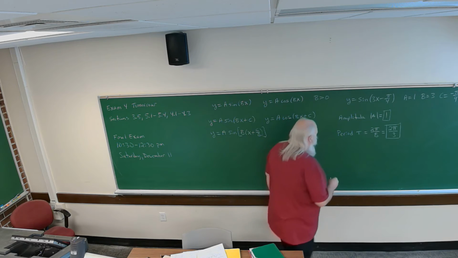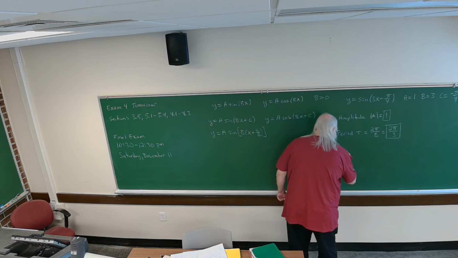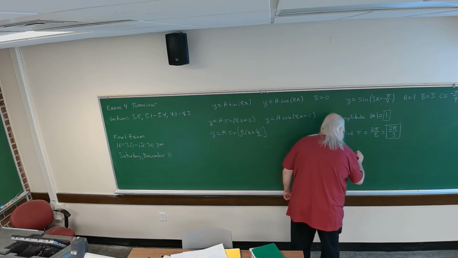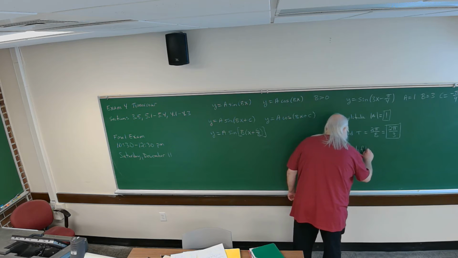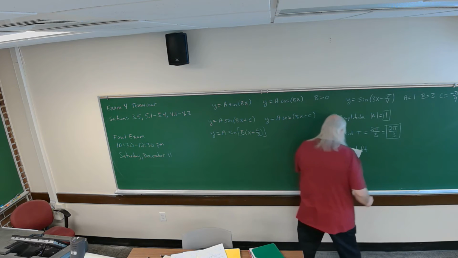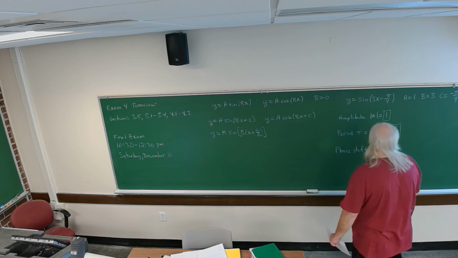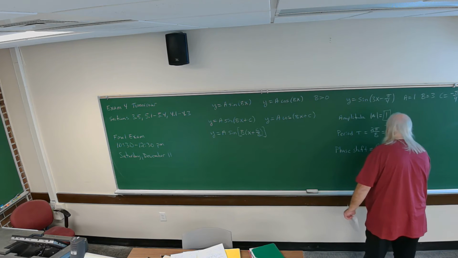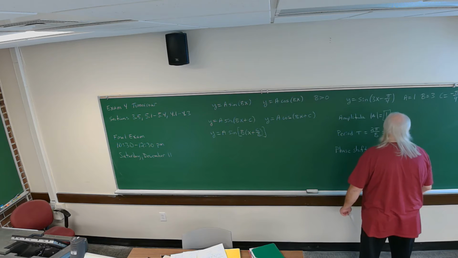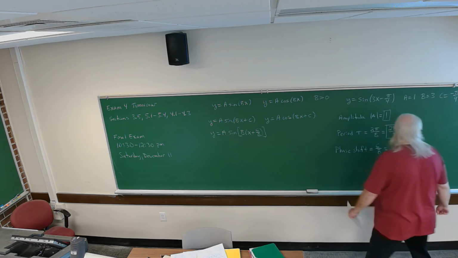The phase shift, which is the amount of the horizontal shift, is equal to C over B. And C in this case is minus pi over 4. And B is equal to 3.